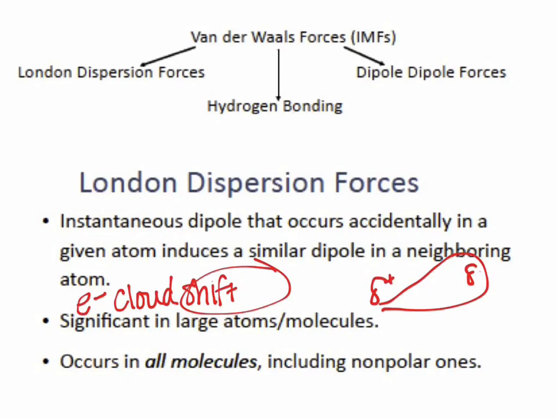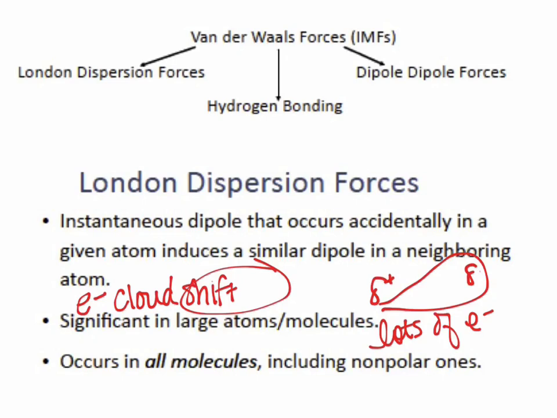When you have very large atoms or very large molecules, this is very significant because they have lots of electrons. Because we have lots of electrons, LDFs are going to be significant in these atoms.